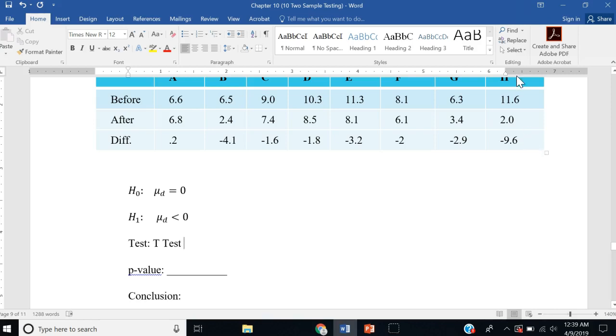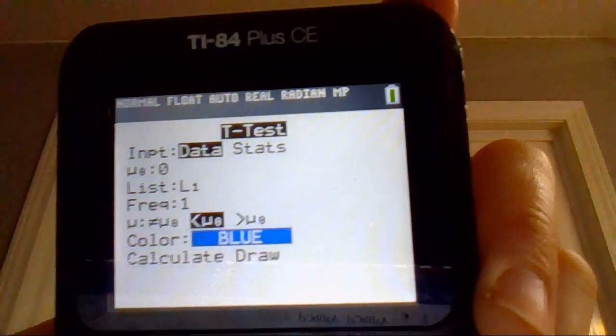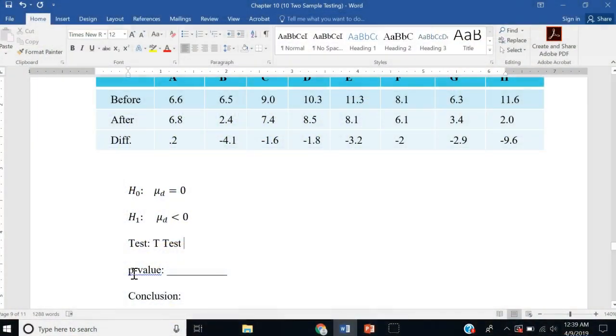Let me show that to you real quick. So that's the screen. Hit enter on your calculate. You should get 0.0095 as the p-value.